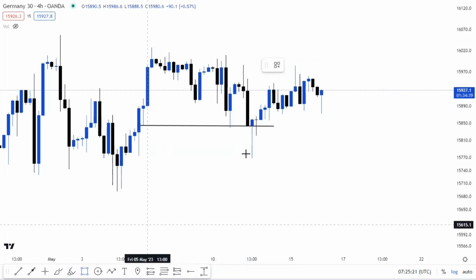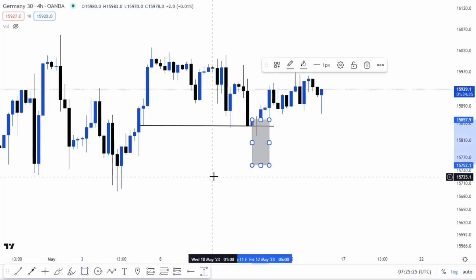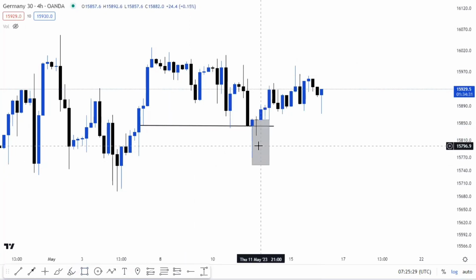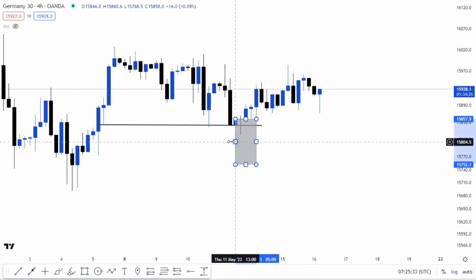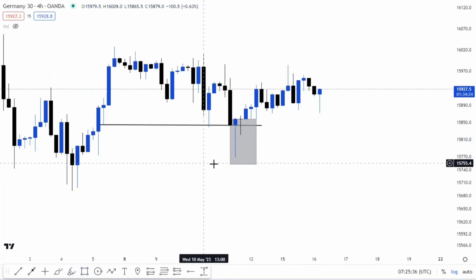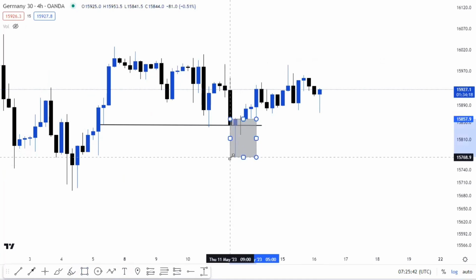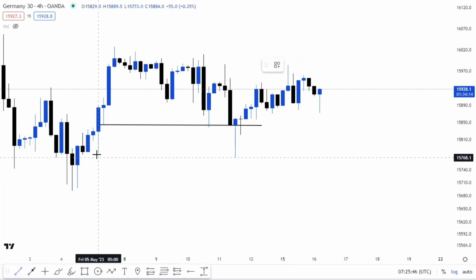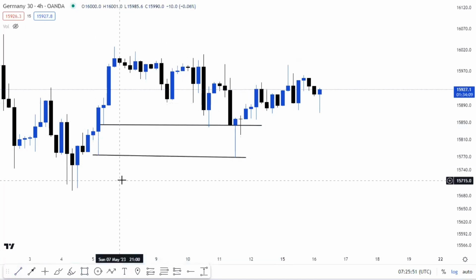After the sweep, the market did not stay down. It did not stay down that much, and it came to this area where we have equal lows.